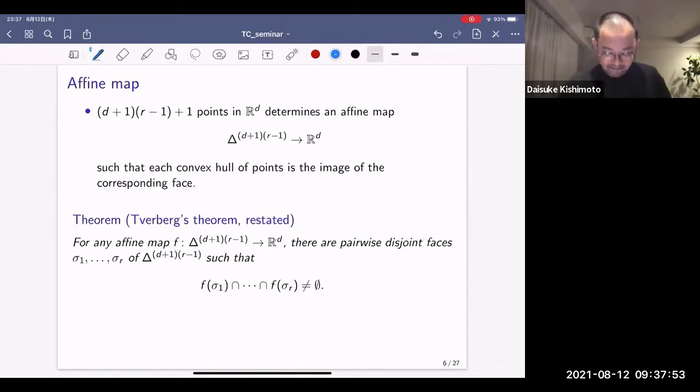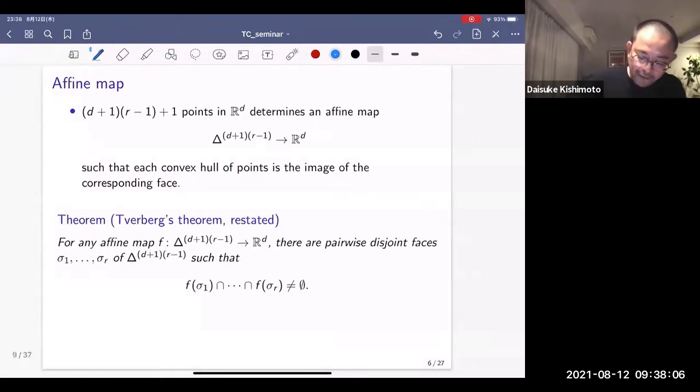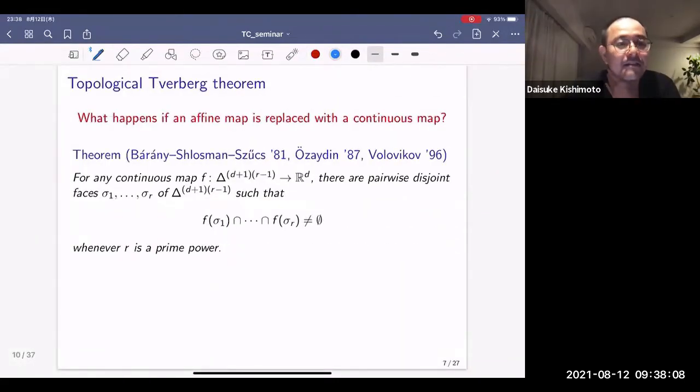Okay. So now we translate Tverberg's theorem in terms of the affine map. So the naive question arises like this: what happens if we replace an affine map by a continuous map?